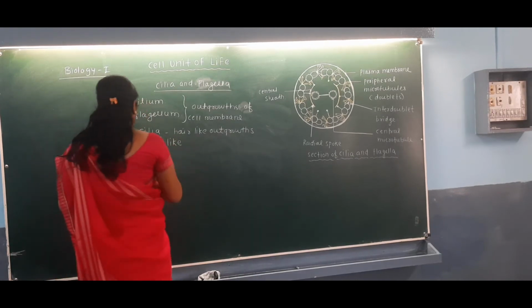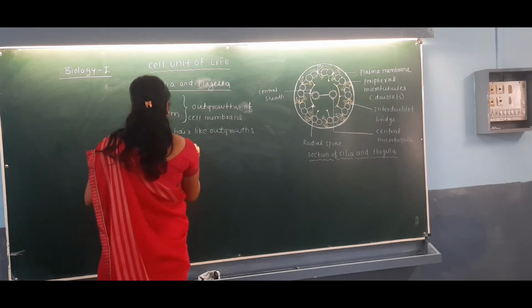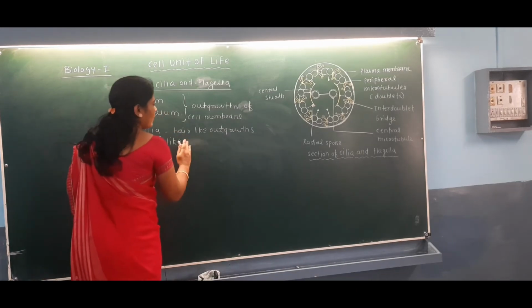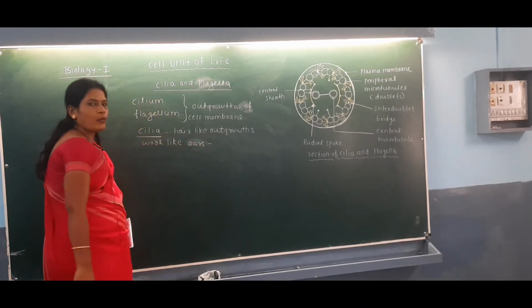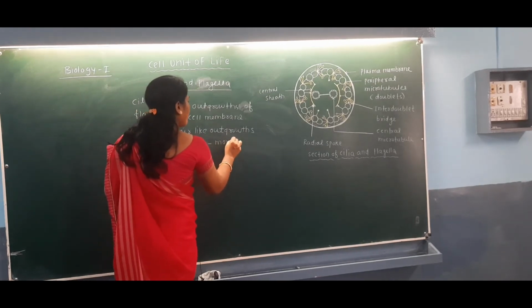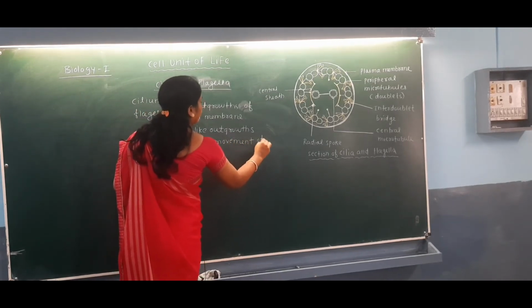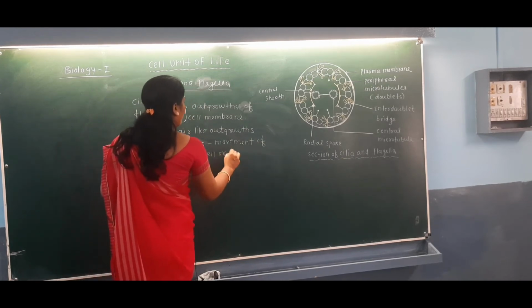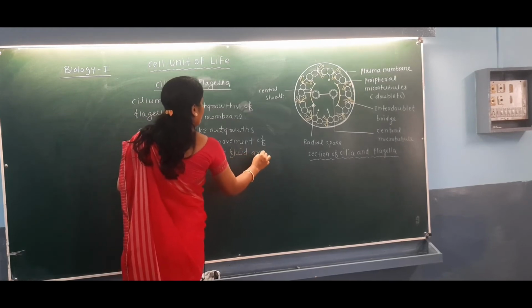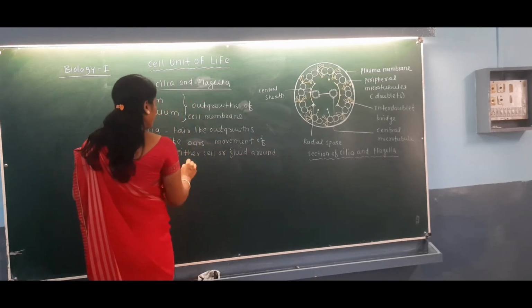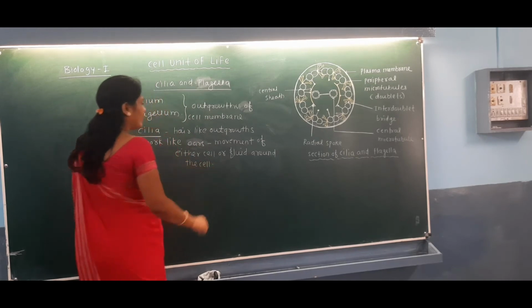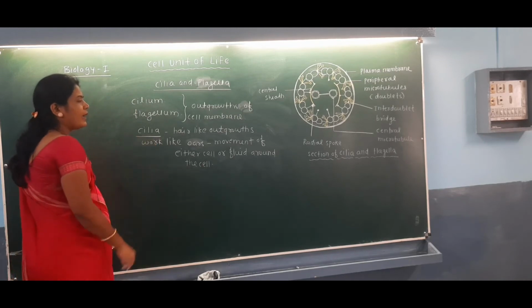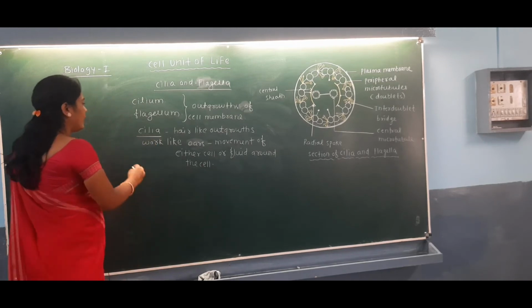They move either the cell or the fluid around the cell. Now the cilia are the outgrowths of the cell membrane.